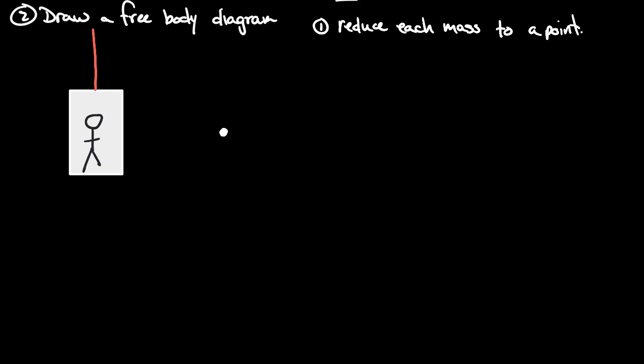That seems obvious. It's not. You have to be clear about what is the mass that you're interested in looking at versus extraneous information. A picture of a person in an elevator might make you think you're dealing with the person and the elevator. But if you're only asked about the elevator, the only dot you have to draw is the one for the elevator. So just be careful and be clear that your dot represents one mass at a time.